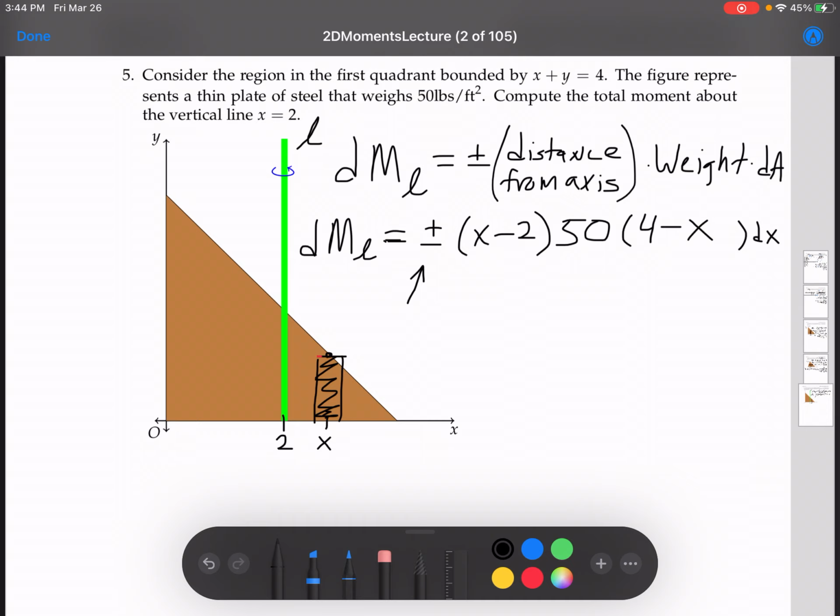If you were to throw this piece of steel on there, it would rotate to where this side right here went into the page, and this side right here came out of the page. And that's indicated by this arrow here as positive. So this will be positive.